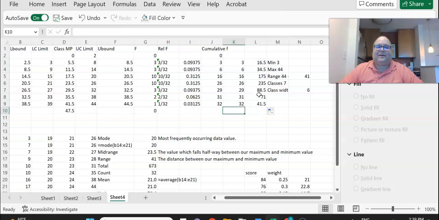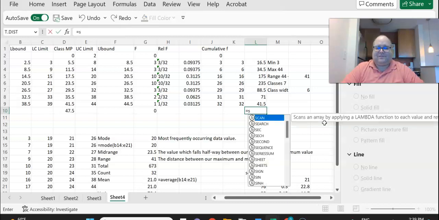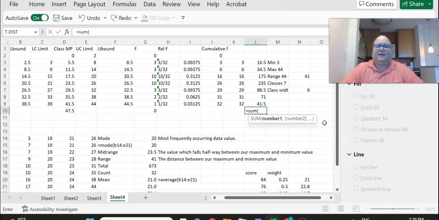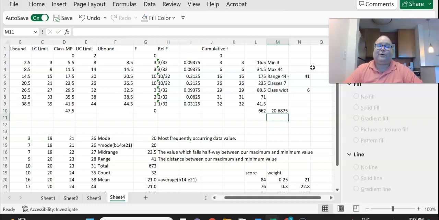And each class's weighted contribution is stated here, equals the sum of these values, equals 662 divided by 32 gives us our group mean.